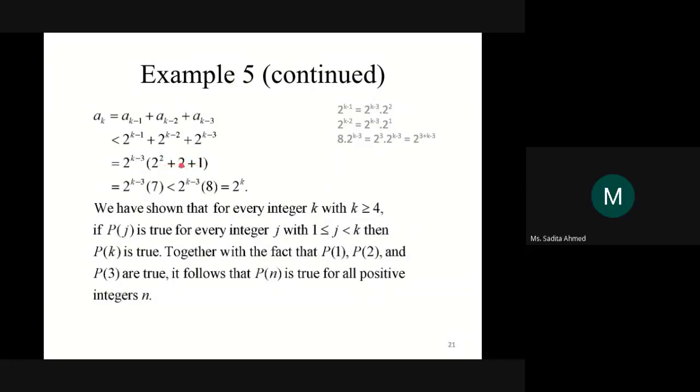Yeah. What happens when we add this? 4 plus 2 plus 1 we get 7, right? Yes. What we are saying here is, if you get 7 here, what does that mean? AK is less than 2 to the power of k minus 3 multiplied with 7, right? Yes. Okay. Now, if that is true, we can also say that AK is less than 2 to the power of k minus 3 multiplied with 8, right?